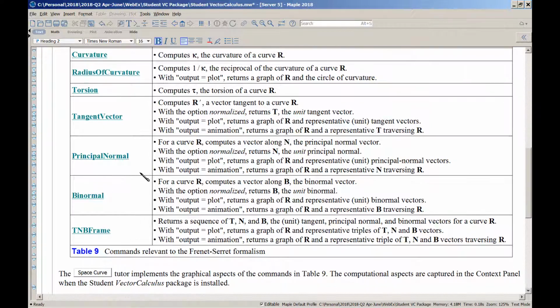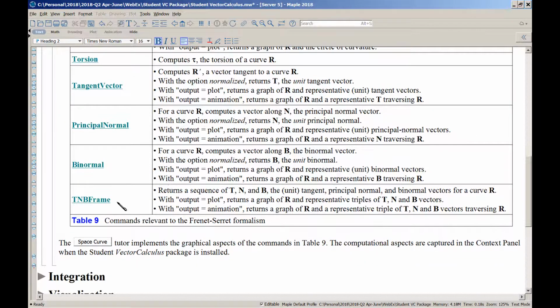And that same property carries over here to principal normal. You get the option normalized, output equals plot, output equals animation, and same thing with binormal. Now the T and B frame returns a sequence of the tangent, normal, and binormal vectors, and they are normalized by default. And you can return a graph or an animation.